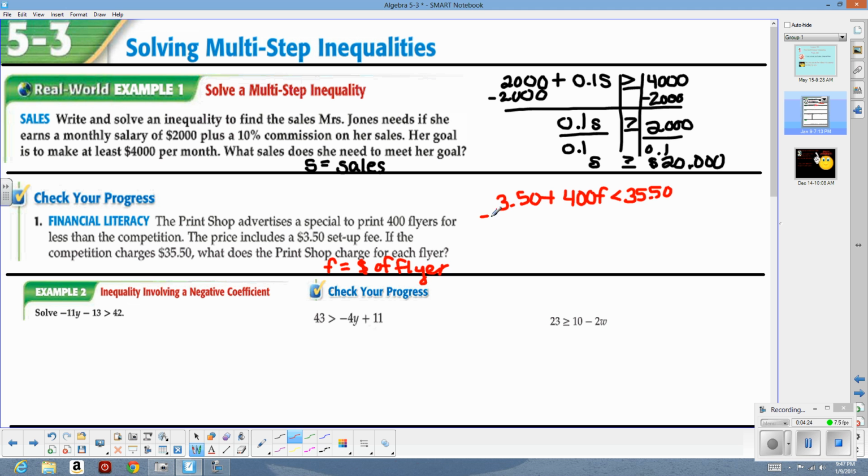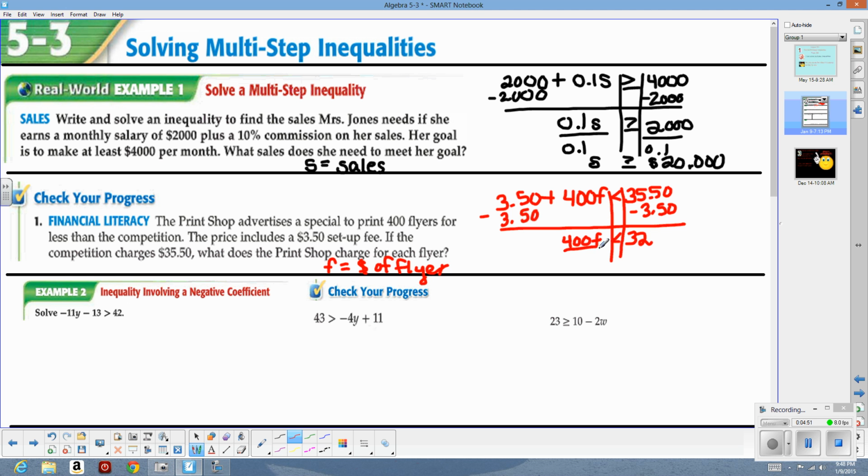Now we're going to go ahead and subtract $3.50 from both sides. $400 times the price of the flyer is going to be less than $32.